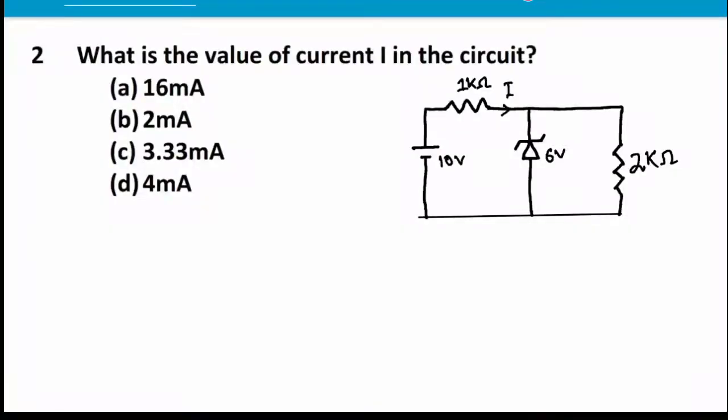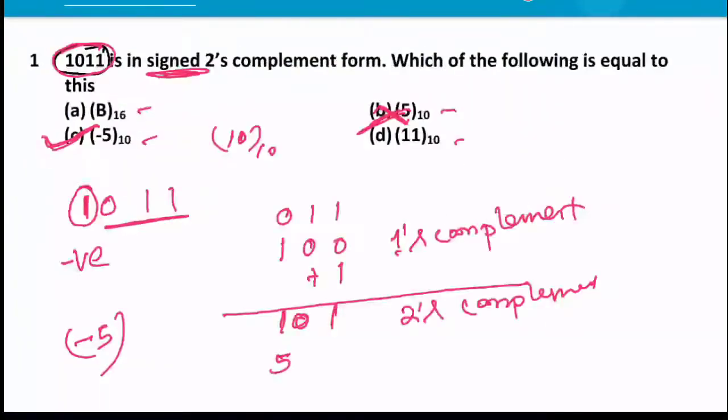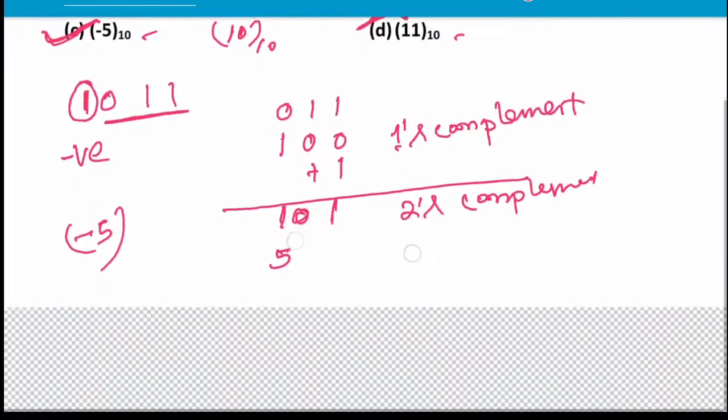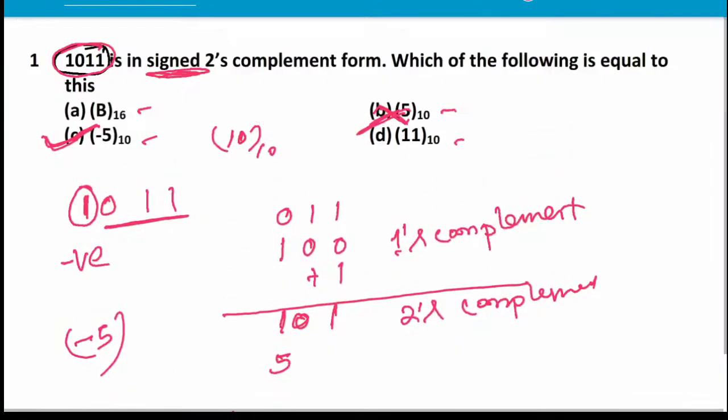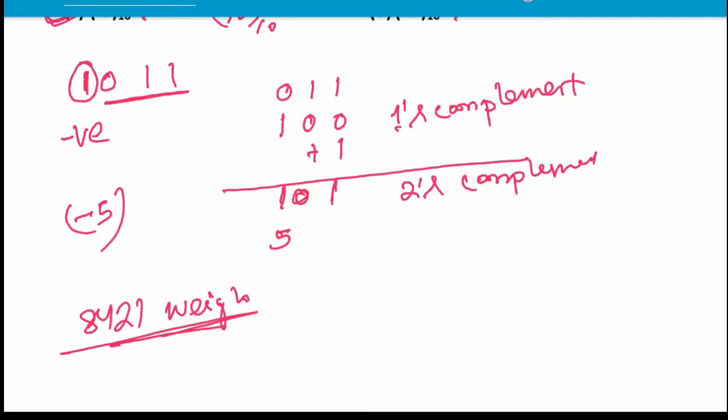Next question, what is the value of current? I will discuss the first question again. The 2's complement number can also be converted to decimal by its 8421 weightage. How this works? Suppose the number given is 1011, so this is the sign bit and this is 1.